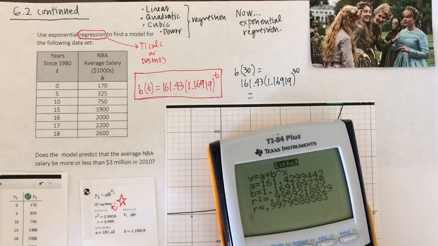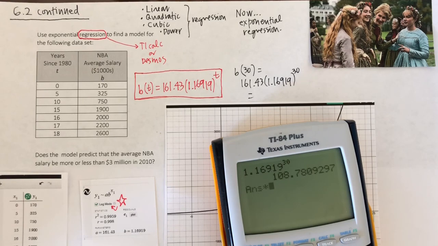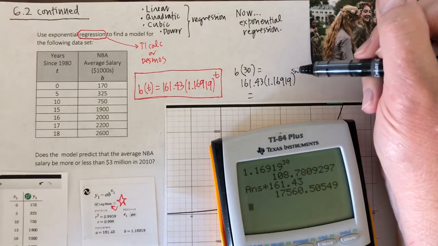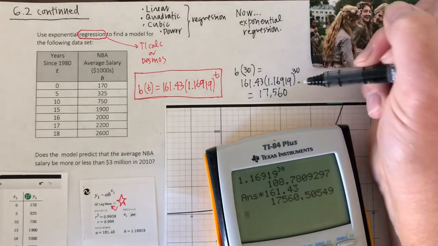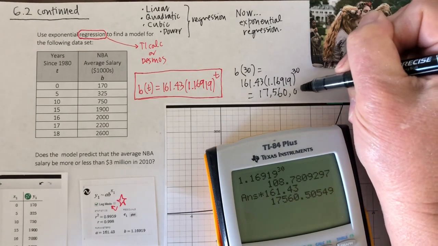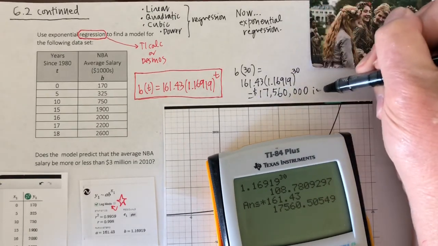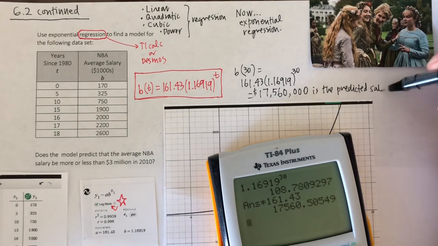And this tells me that in 2010, the predicted salary for an average NBA player is 17,560,123.